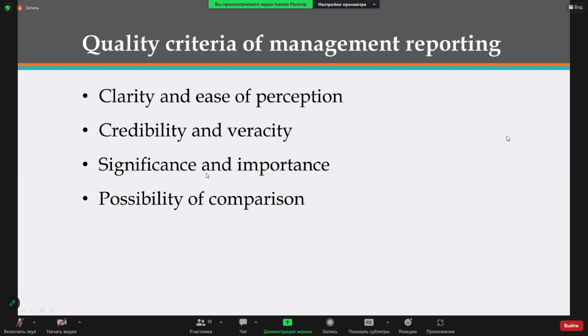Third one is significance and importance. Management reporting should include only significant data.